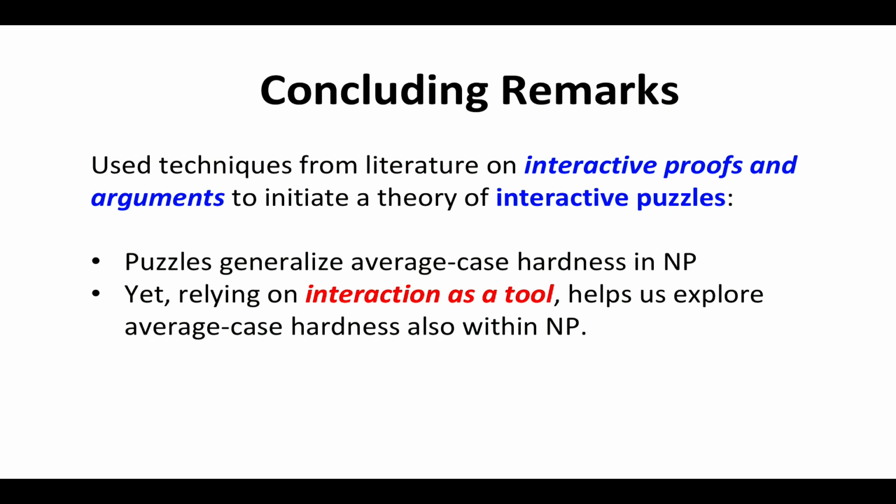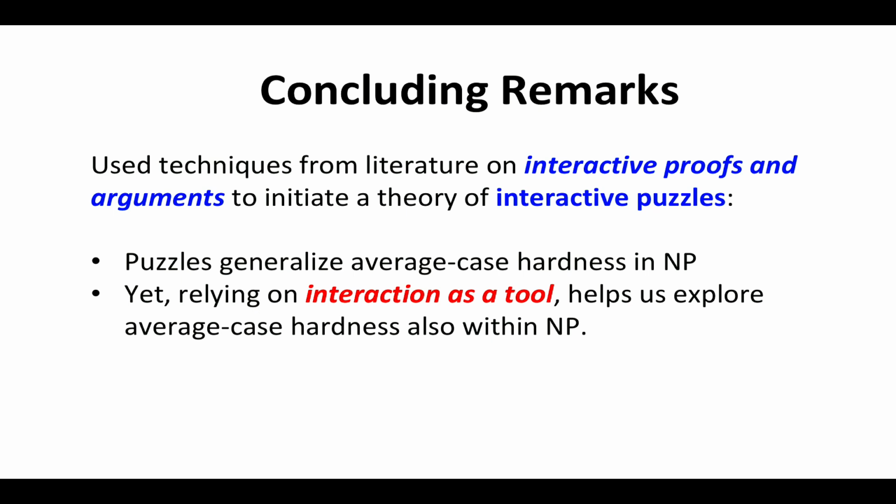So the key idea that I've used here is to rely on techniques from the literature on interactive proofs and interactive arguments to initiate this study of what we call interactive puzzles. And these puzzles, as I hope to have convinced you, are an elegant way to generalize average case hardness in NP. These two-round puzzles really capture exactly what average case hardness is, but now we have this more general notion.